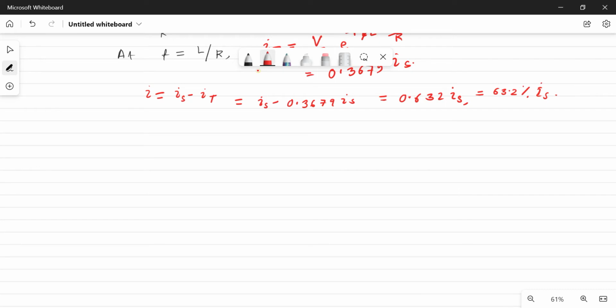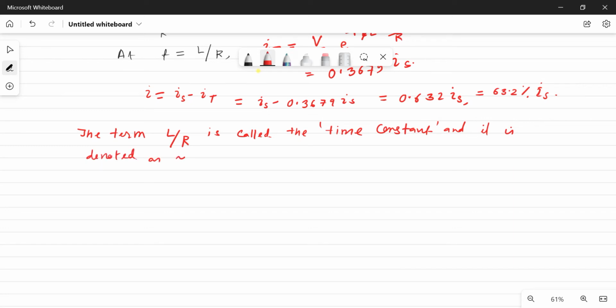Now the term L by R is called the time constant, and it is denoted as tau.